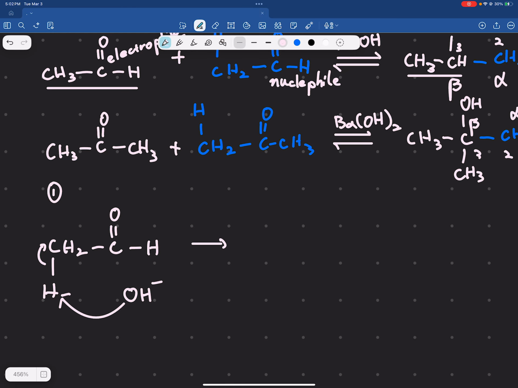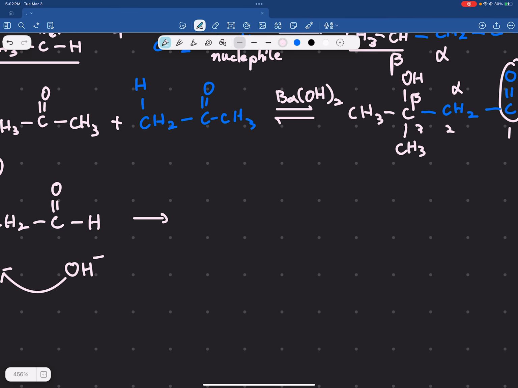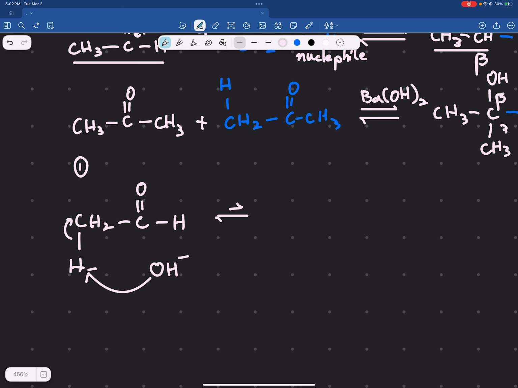After this base has deprotonated this acetaldehyde, it's going to form our resonance stabilized enolate. Notice how the equilibrium lies strongly on the left here.